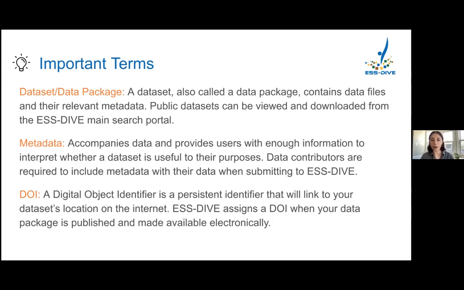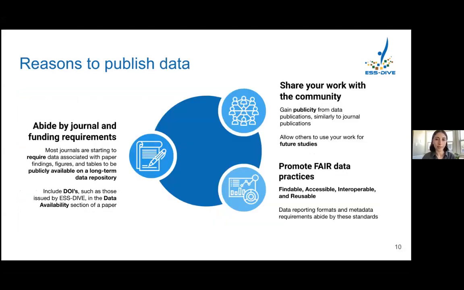And we're going to move on, but you can find more definitions of important terms in our glossary on our website. And please feel free to enter any questions in the chat that our team can help answer throughout the presentation. Can move on.